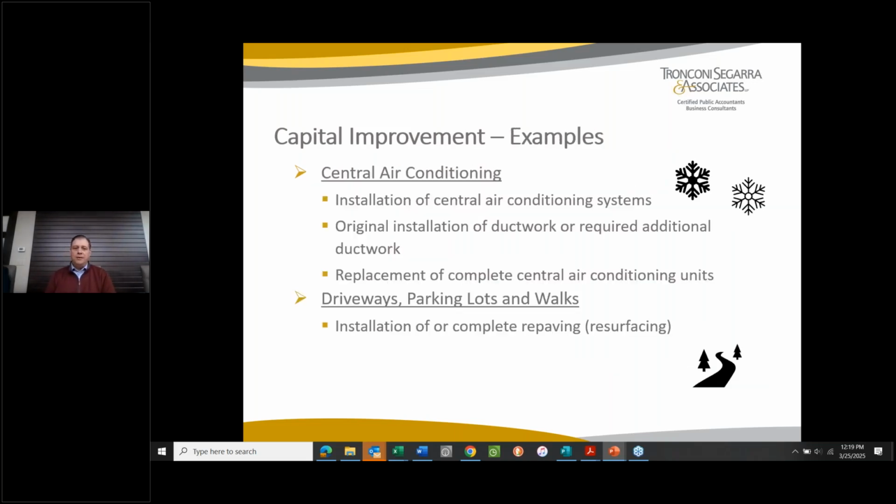So what I wanted to do is just give some general examples of capital improvements. And the state has a great guidebook. It's been around forever, publication 862, which discusses what's considered a capital improvement and what's considered repairs to real property.